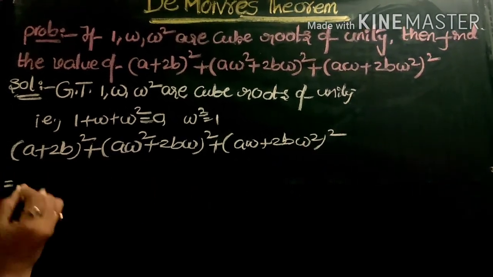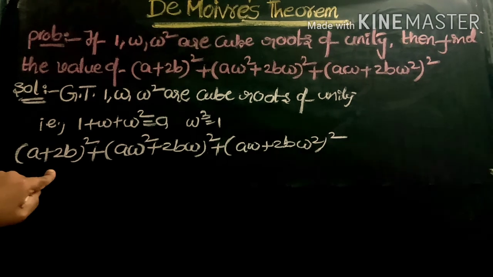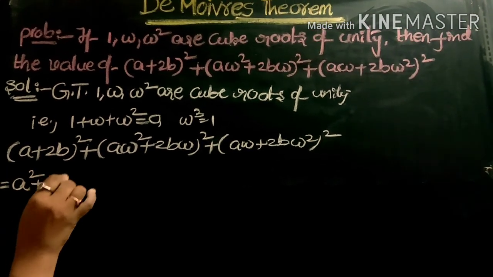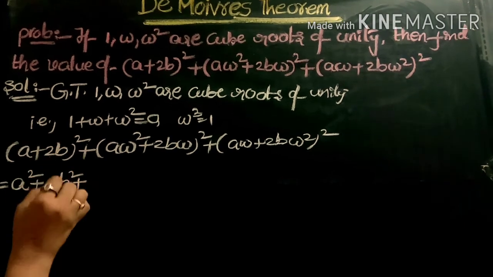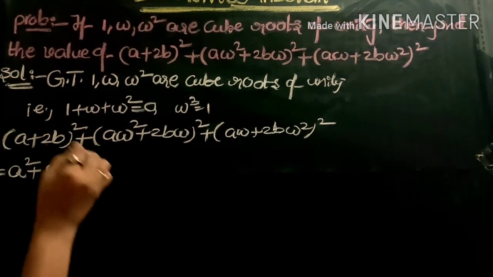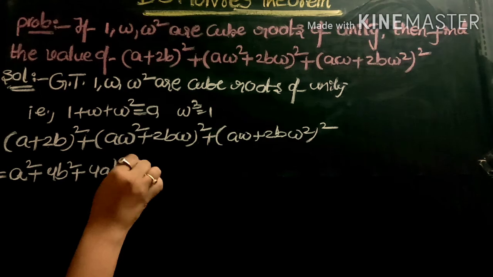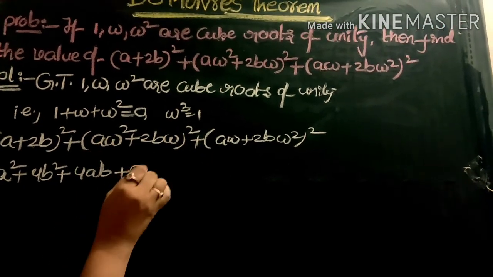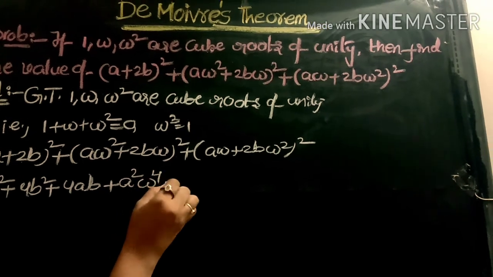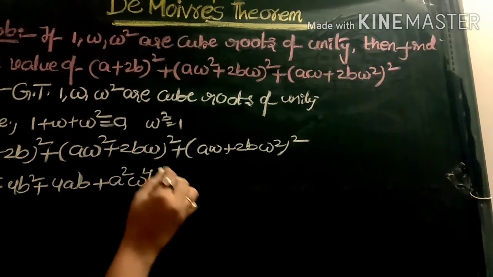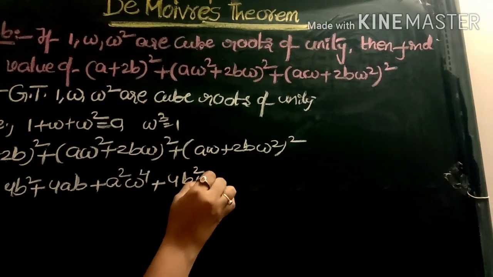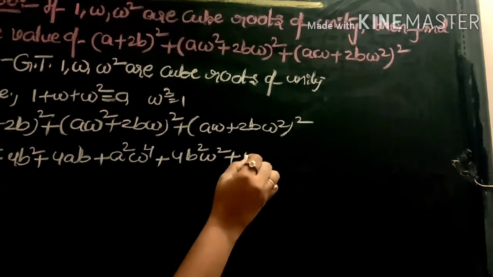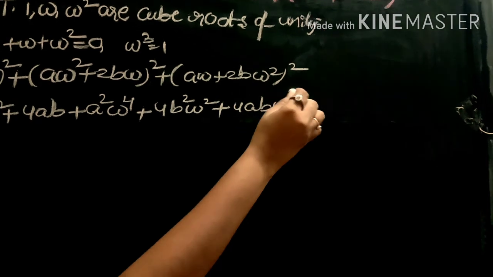Now this is in the form of (a plus b) whole square. Taking the expansion: a square plus 4b square, that is (2b) whole square, plus 2 into a into 2b, that is 4ab. Plus, this also in the form of (a plus b) whole square: a square omega power 4 plus 4b square omega square plus 4ab omega cube.